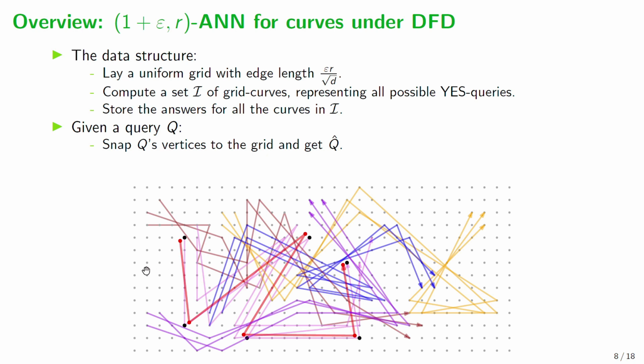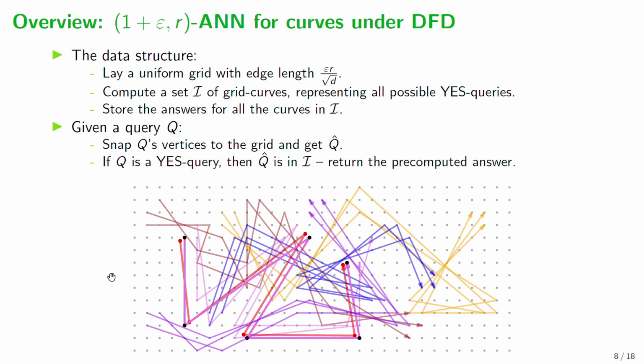This can be simply done by rounding, and we get a grid curve Q hat. And the guarantee is that if Q is a yes query, then Q hat is in the set I, and we can return the pre-computed answer.